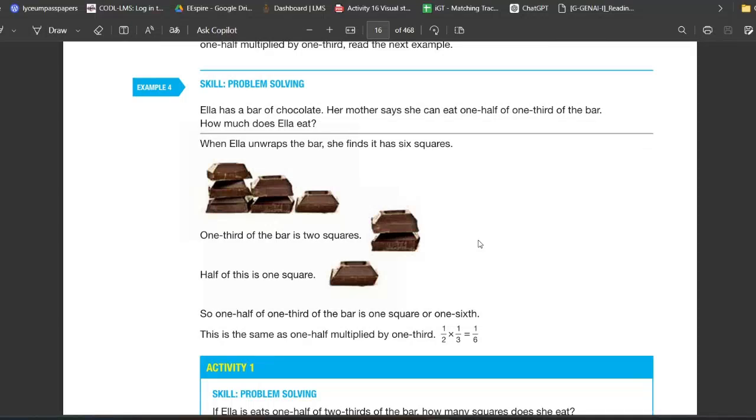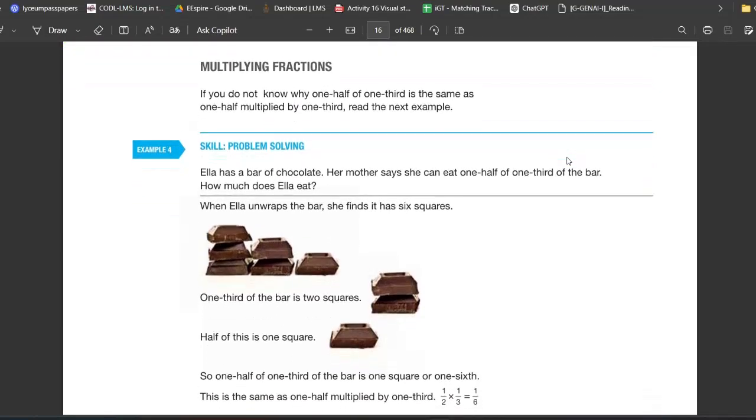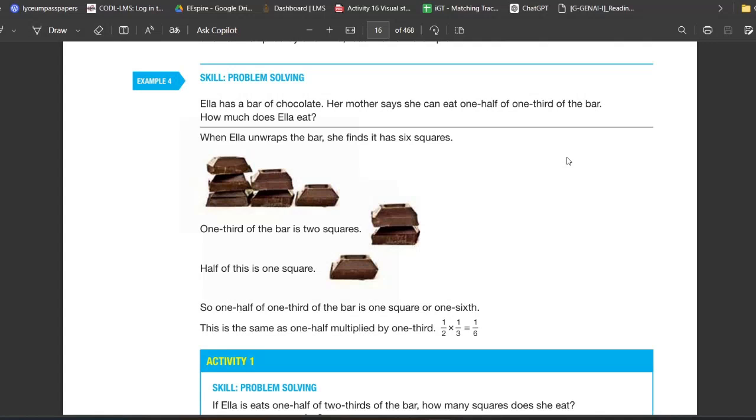Okay, today we can start with multiplying fractions. You have done this in previous grades also, so I'll just revise that knowledge. So let's take this example: 1 over 2 times 1 over 3.